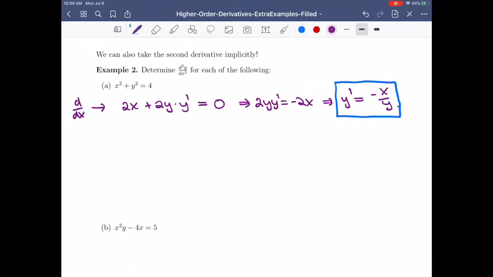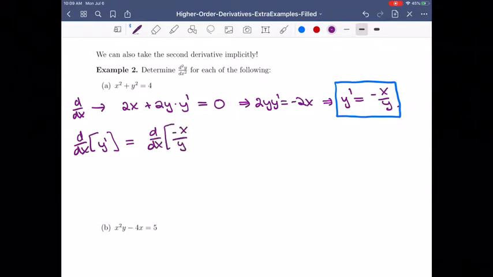So now I'm going to do the second derivative. Here I have an equation that's solved for y prime. So now I do d by dx of y prime is equal to d by dx of negative x over y. The derivative of y prime is just y double prime.